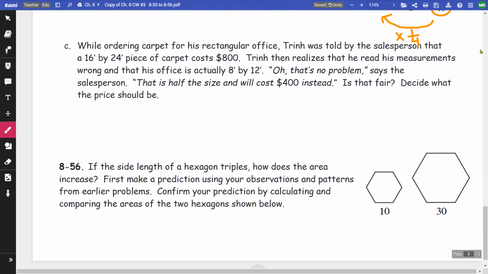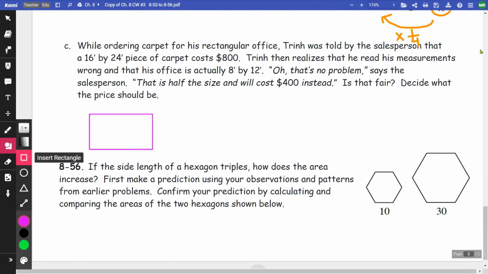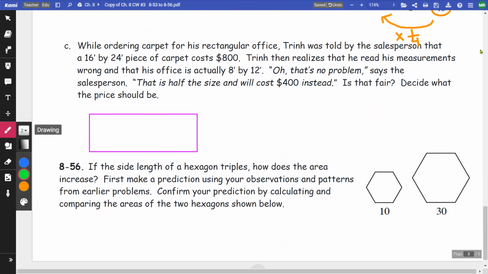While ordering a carpet for a rectangular office, Trin was told by the salesperson that a 16 by 24 piece is going to cost $800.